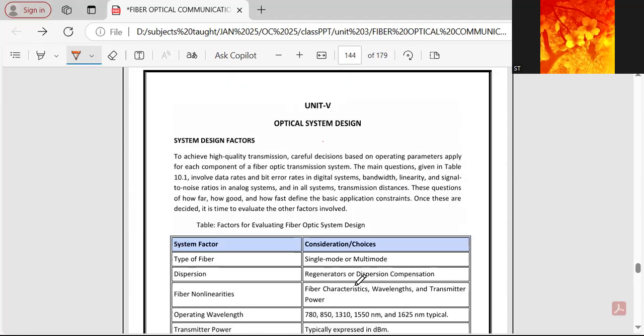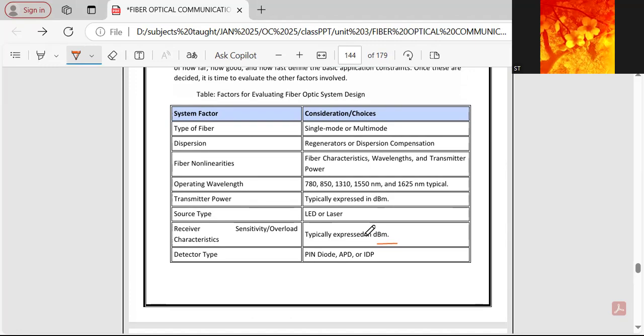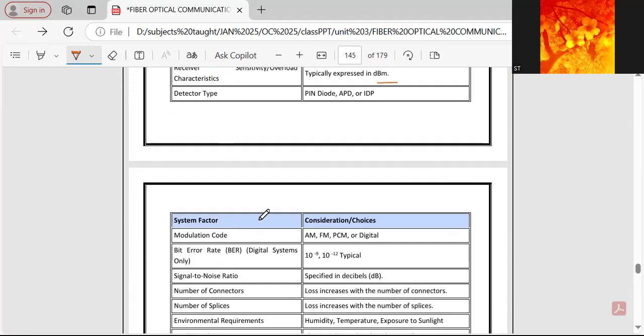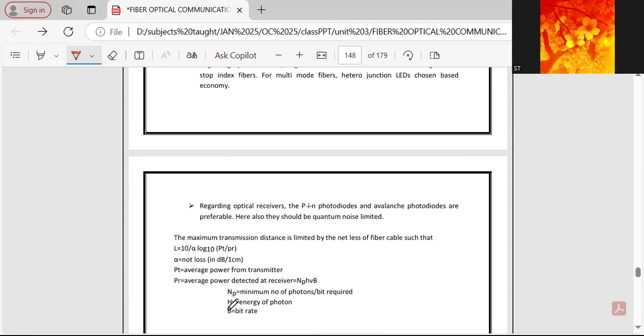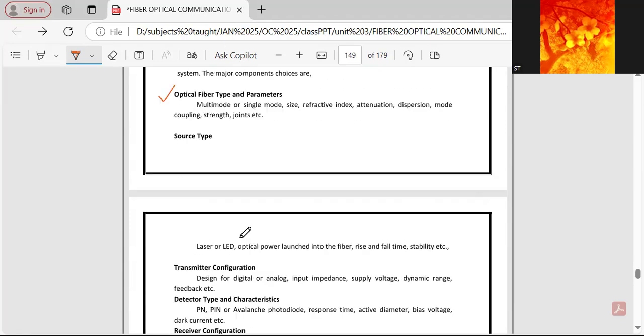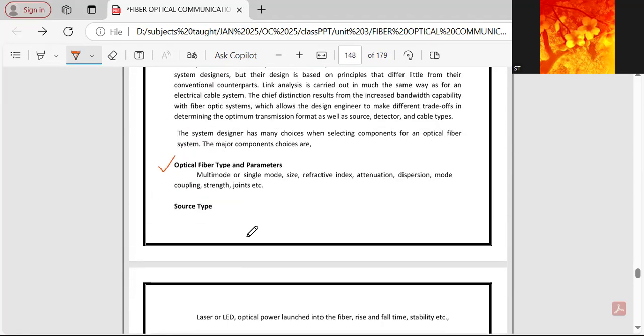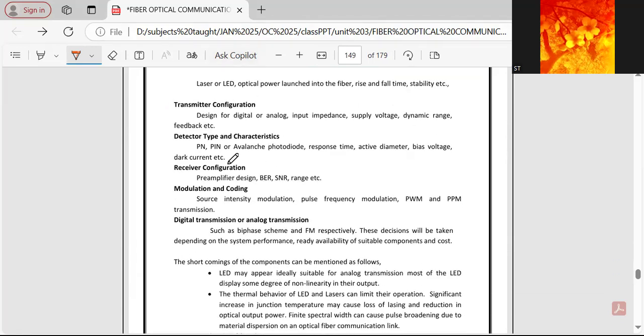So this lecture is all about the different system parameters which are important in designing of any fiber optic system, and along with these parameters, what are the different choices that we have and what is their impact. These are the brief descriptions given about the transmitter and detector.